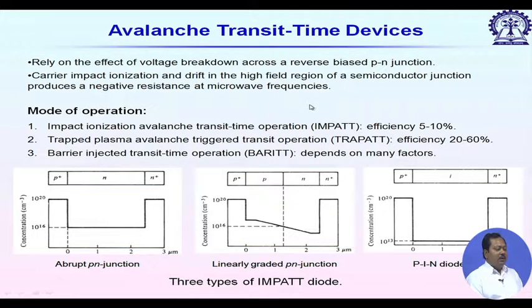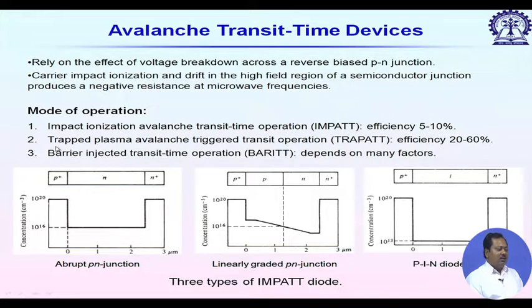Now, depending on the mode of operation, we have three different types of popular diodes. The first one is called impact ionization avalanche transit time operation, or simply IMPATT diode, but the efficiency is very poor, typically 5 to 10%.